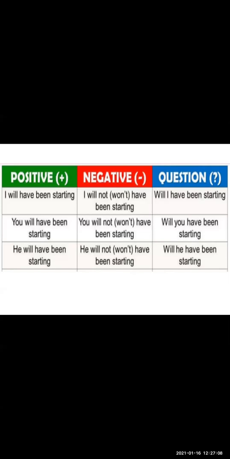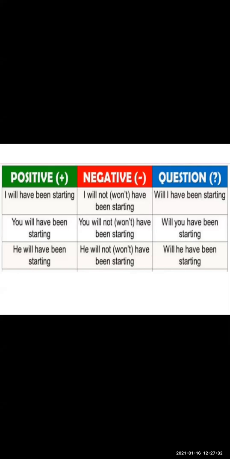Why do we use will? Because this comes under the future tense. Have been, they have already started, but it's not completed. So: they will have been starting, he will have been starting.